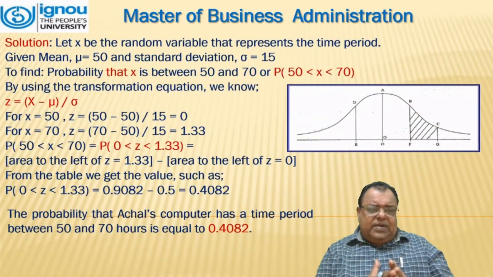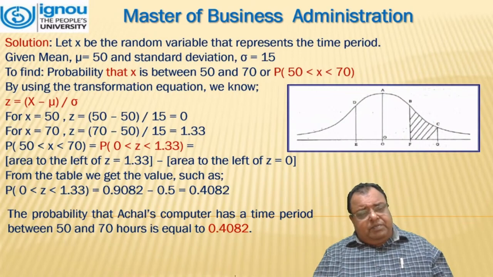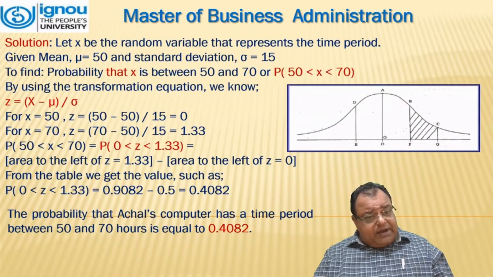Let x be the random variable that represents the time period. We know the mean mu is equal to 50 and the standard deviation sigma is equal to 15. We have to find the probability that x lies between 50 and 70. Mathematically, it is written as probability 50 less than x less than 70.